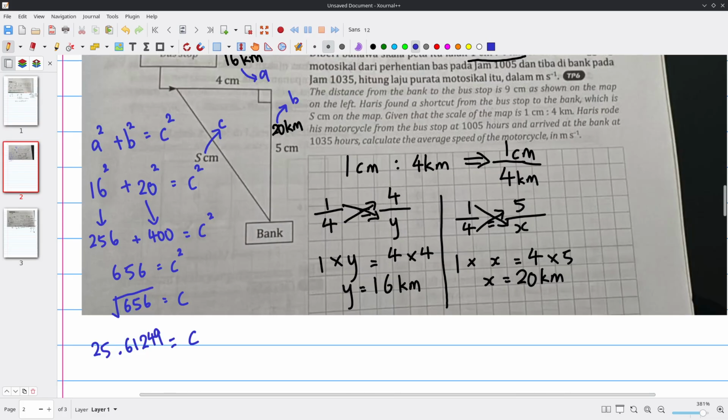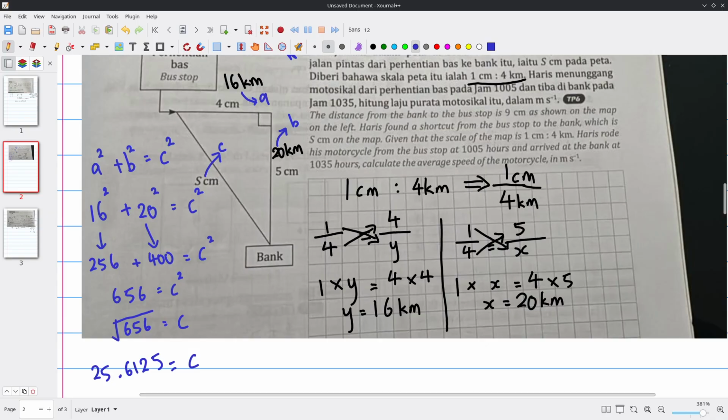Okay, but since the answer is very long, cikgu akan ambil 4 titik perpuluhan sajalah, so it should become 25.6125 lah. Okay so in other words, kita ada jawapan yang baru sudah untuk bahagian ini. C for this one, the S is supposed to be 25.6125.